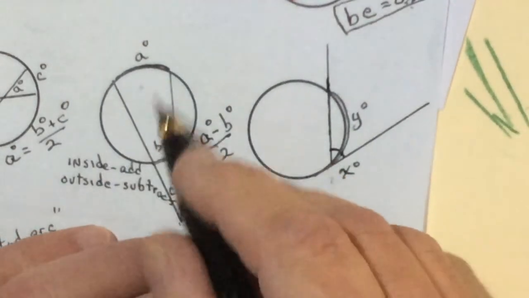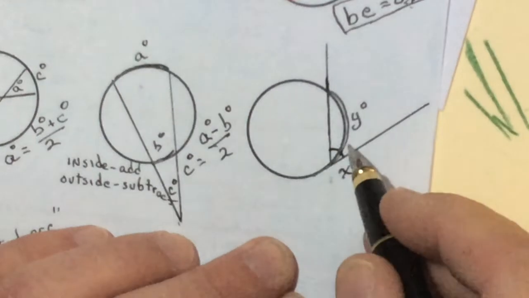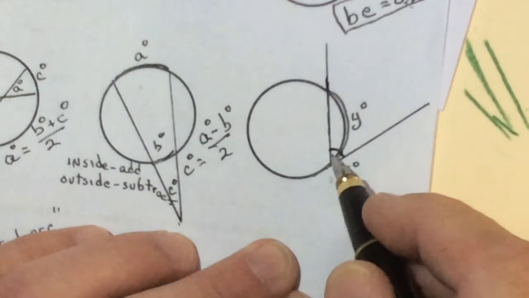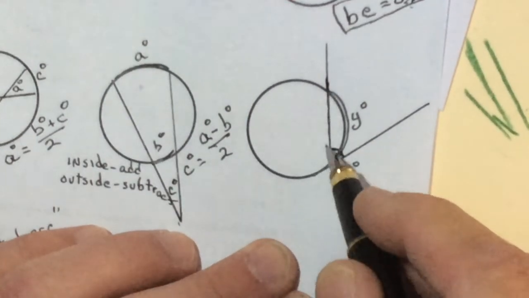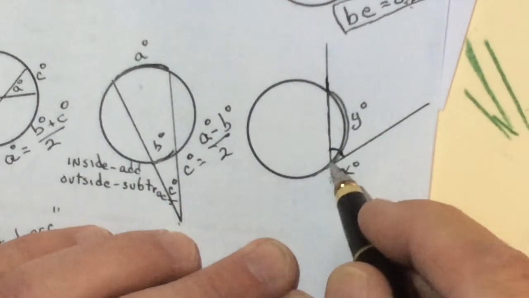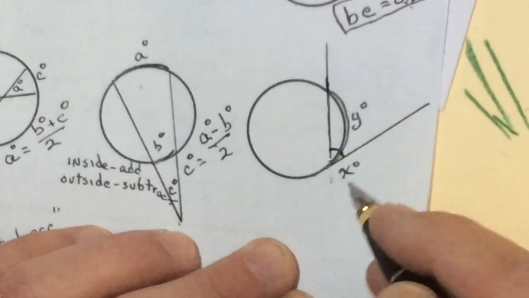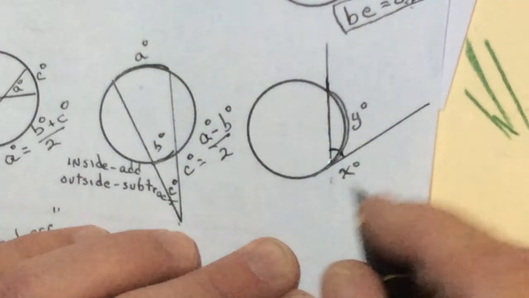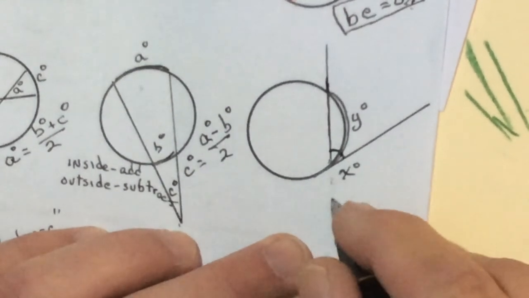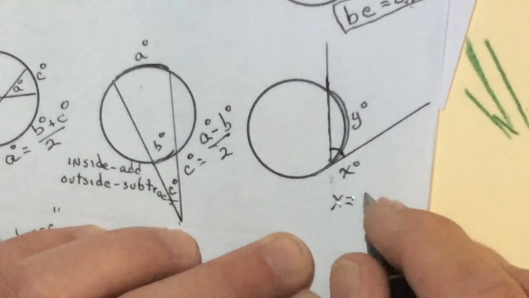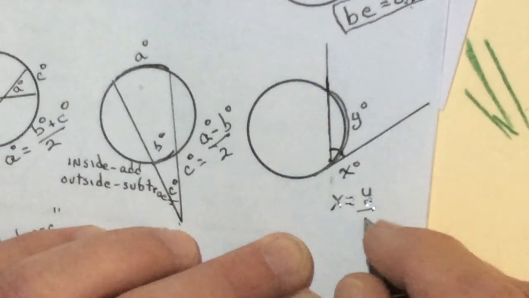But you notice, like over here, I had 2 to subtract. Here I don't have 2 to subtract, I just have 1. Or if you want to think of it the other way, I have one that's y degrees, and the other one, because it's inscribed, is 0. But basically, x is going to equal y over 2.